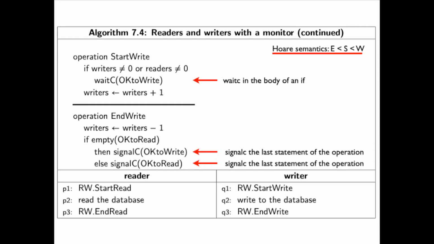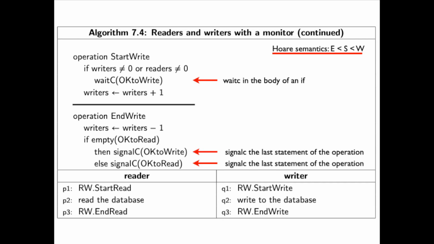So new writers are blocked. Here's the code for start write. It says if writers is not equal to 0, so that means if any writers are active, or readers is not equal to 0, so if any readers are active, then we wait C OK to write.